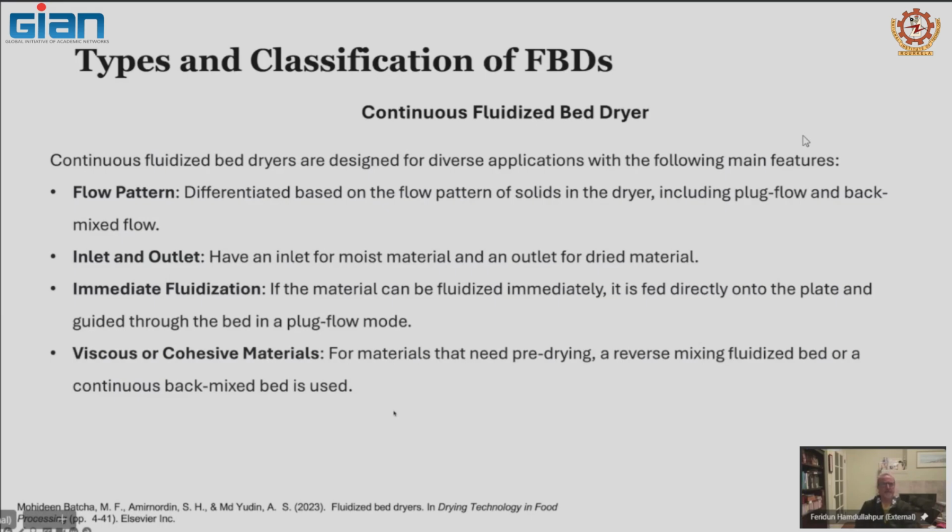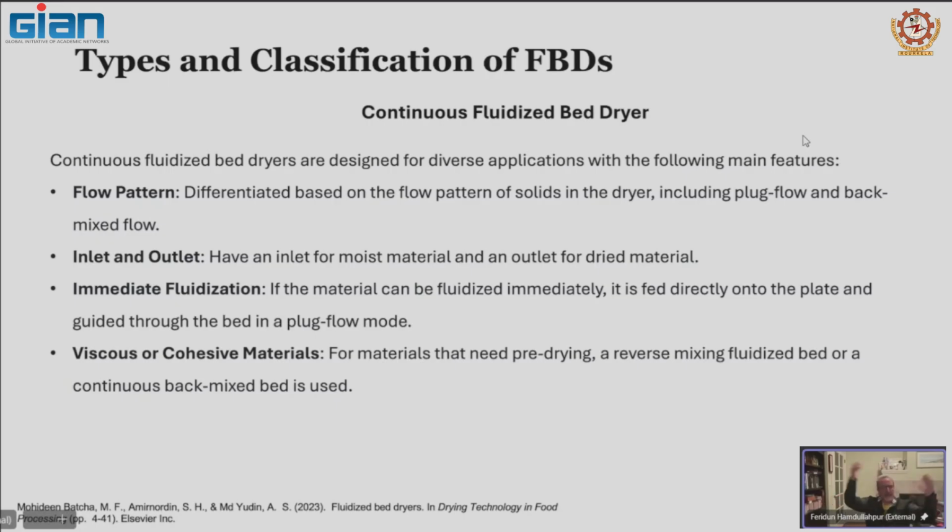So the flow pattern, of course, is differentiated based on the flow pattern of solids in the dryer, and this includes plug flow and back mix flow. Inlet and outlets: they have an inlet for moist material and an outlet for dry material. That is the beauty of the continuous operation.